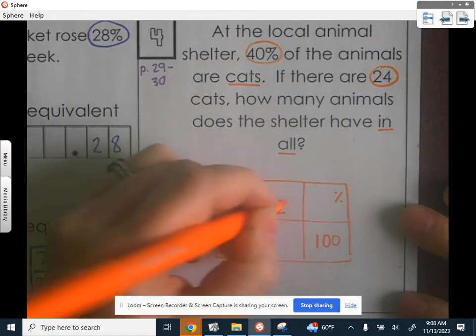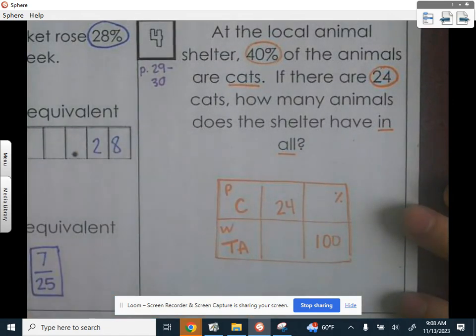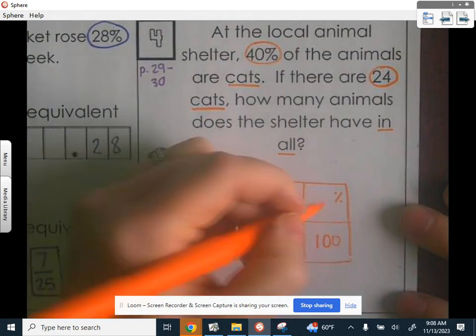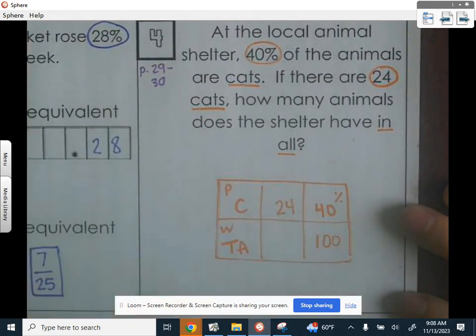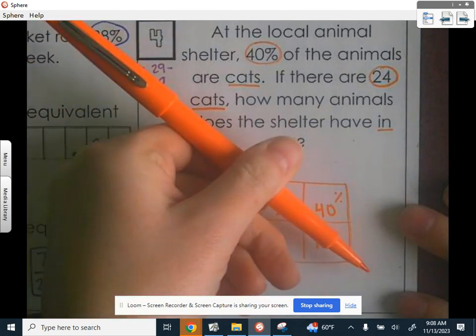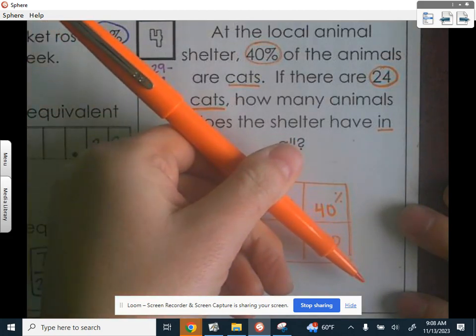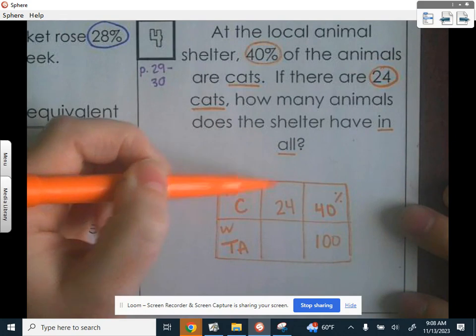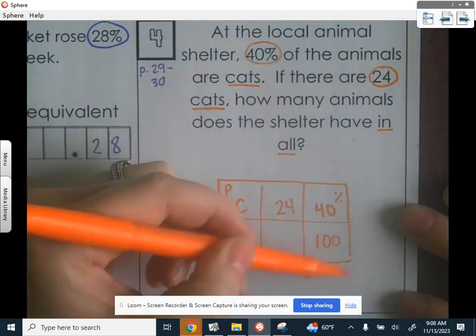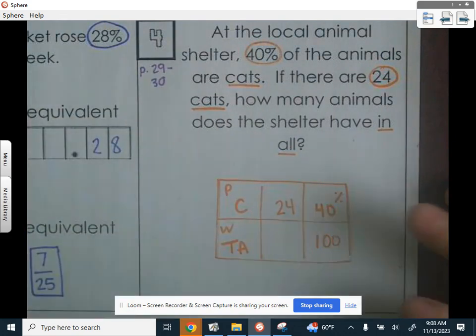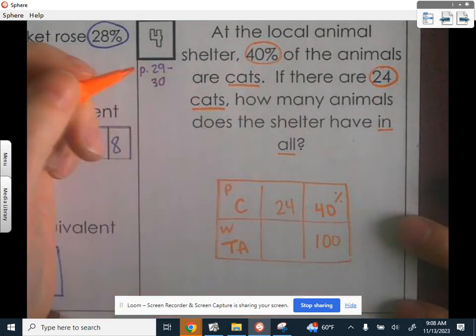We know how many cats there are, so be careful. Don't put that on the bottom. It doesn't say that there are 24 animals altogether. It says there are 24 cats. And we know the percentage. If I cover up my diagonals, I know that I have to start with the 40. But there's nothing I can divide 40 by to get 24, and there's nothing I can multiply it by to get 100. So don't forget that we can simplify.